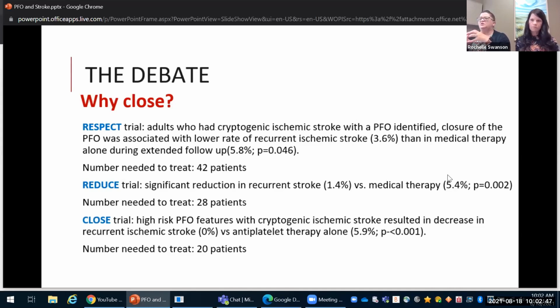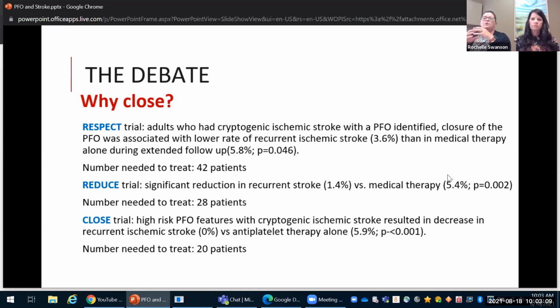What they found is that those patients that they closed had fewer recurrent strokes, at 3.6%, than in medical therapy alone during the extended workup. And they followed these patients for almost 6 years. So 5.8% of the patients in the medical therapy alone went on to have another stroke.